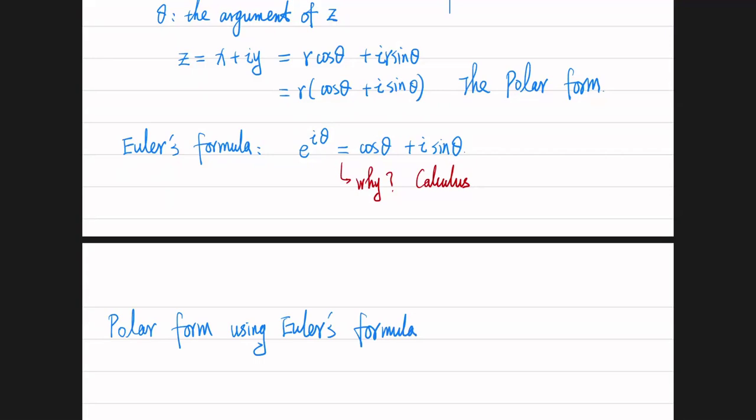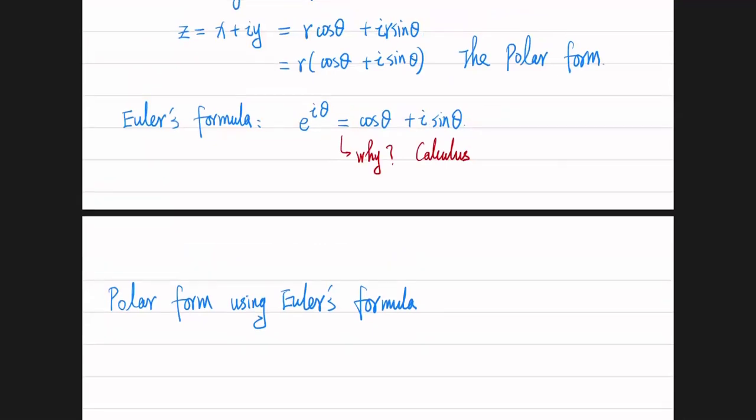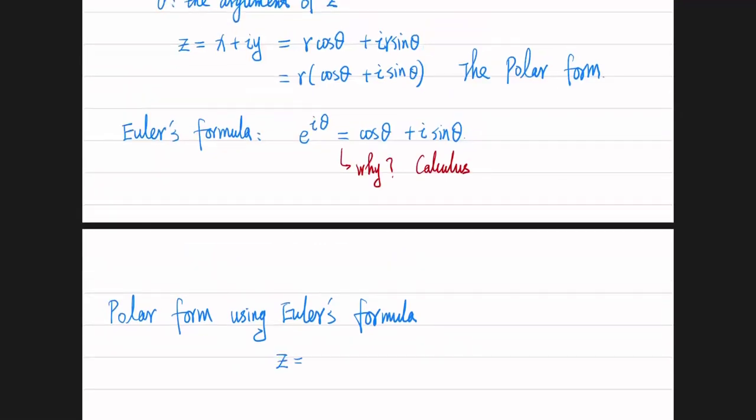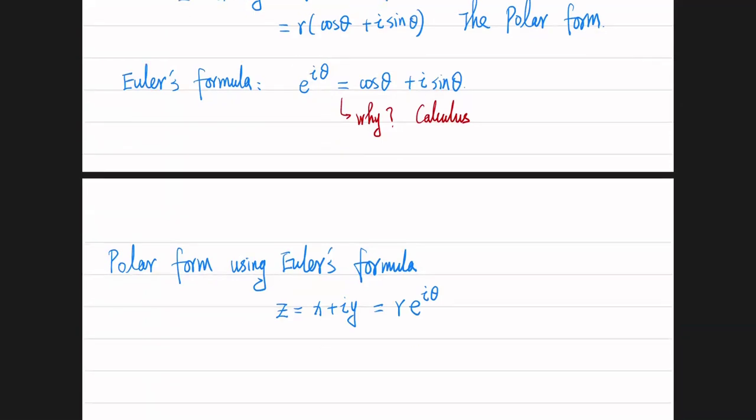So the connection between the rectangular form and the polar form, and then the other way, we can go back and forth from rectangular form to polar form.